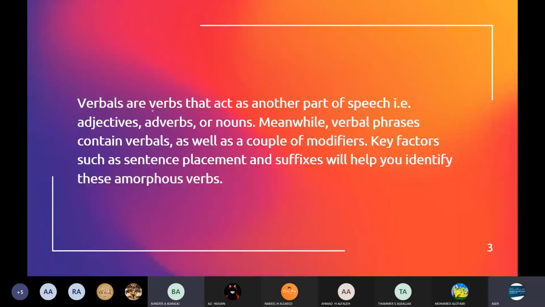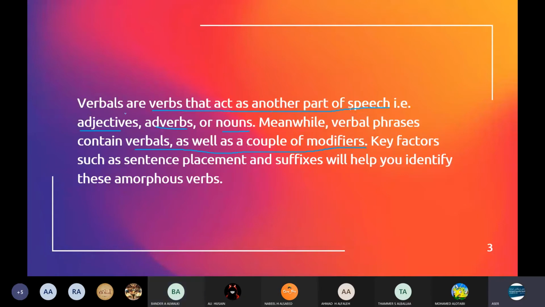Verbals are verbs that act as another part of speech. Example, adjectives, adverbs, or nouns. Meanwhile, verbal phrases contain verbals as well as a couple of modifiers. Key factors such as sentence placement and suffixes will help you identify these amorphous verbs. All right, great.